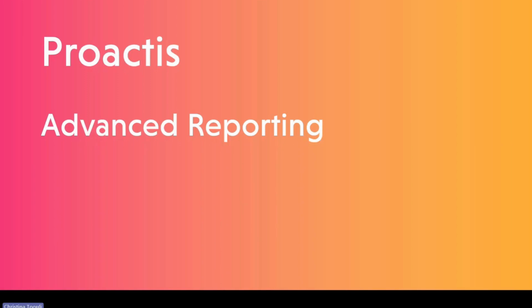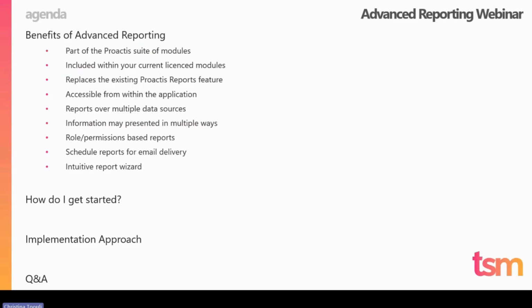Okay, so advanced reporting, that's what we're going to be talking about today. We're going to be looking at the benefits of advanced reporting. As I mentioned, it is part of the standard Proactis suite of modules. As part of your license, you are licensed for advanced reporting. It replaces the existing Proactis reports feature within the product.